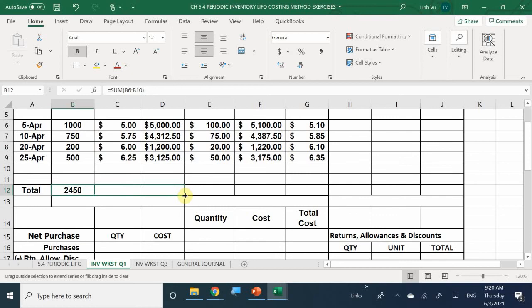Just enter the column. $13,637.50. Good. So then what was my total freight? 245. Good. And then what was my total cost?